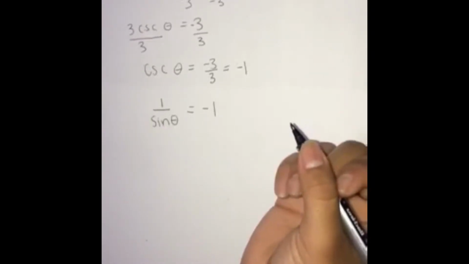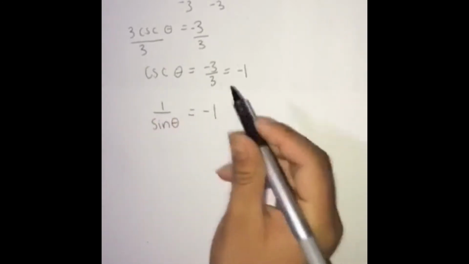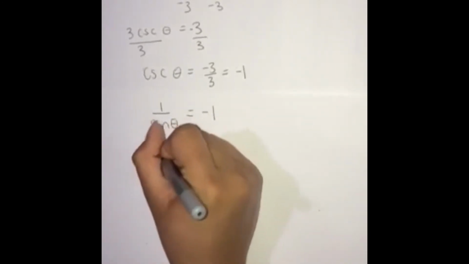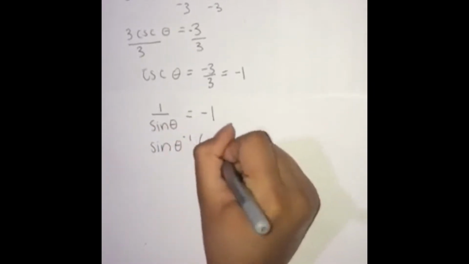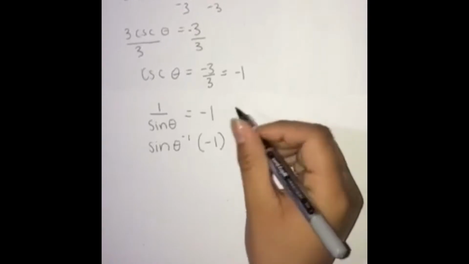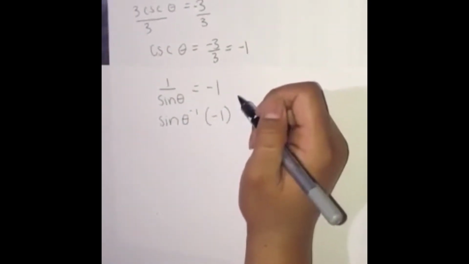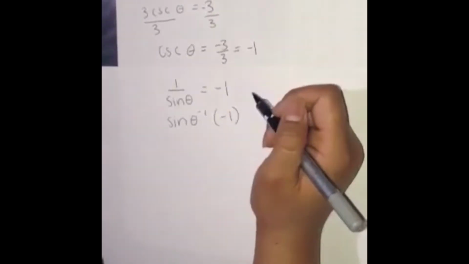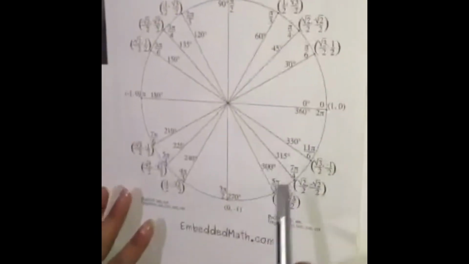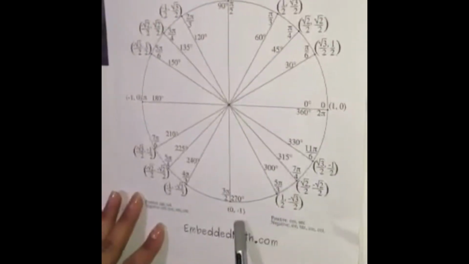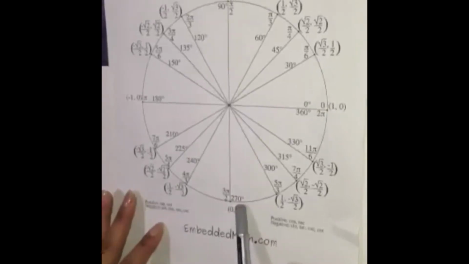So we look at the inverse sine of sine theta, which is -1. And if you plug this into the calculator, it will give you 3 pi over 2. But if you look at the unit circle, and you look for -1 on the y-axis, it also gives you 3 pi over 2, which is 270 degrees.